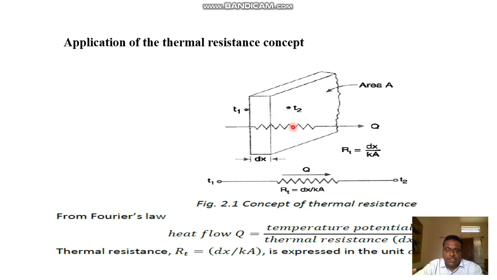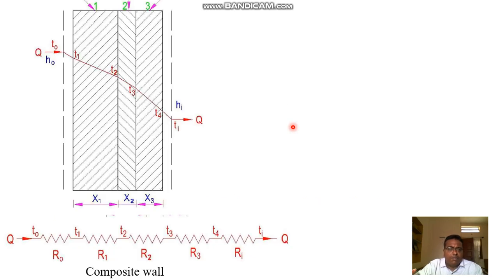This thermal resistance concept will come in handy when we solve composite wall problems like this. Here we have 1, 2 and 3, different wall materials, and one side is exposed to one temperature, another side to another temperature. For such cases it is very useful.